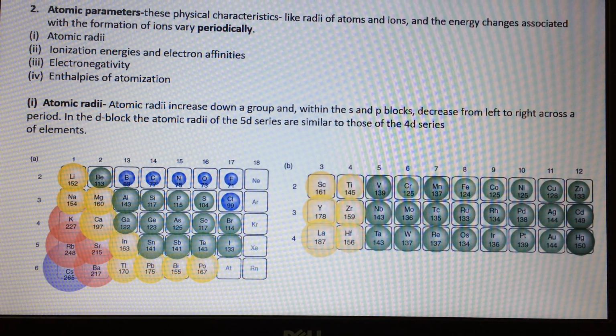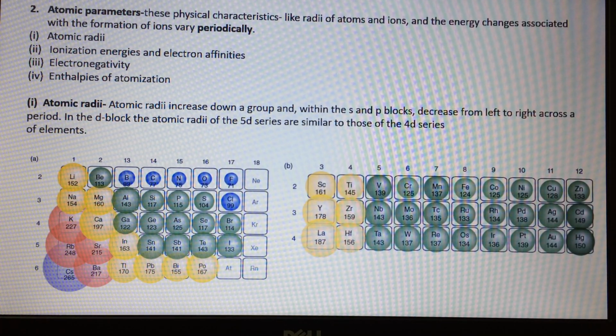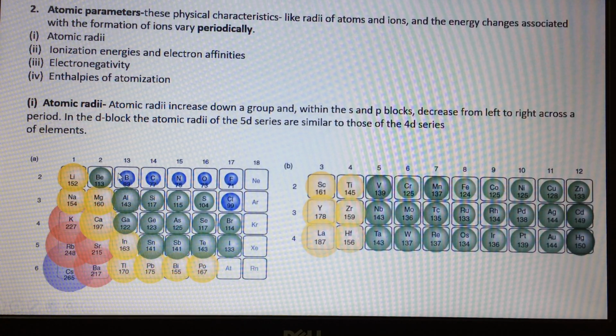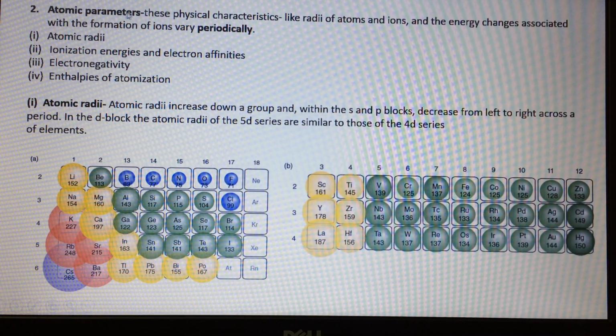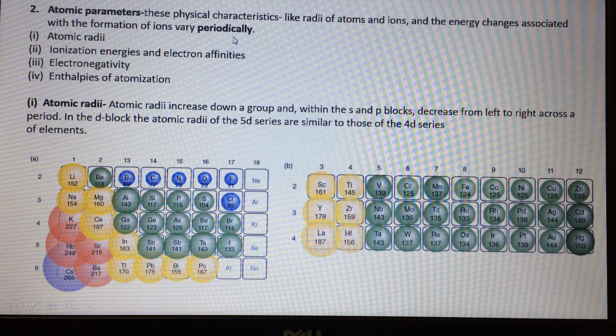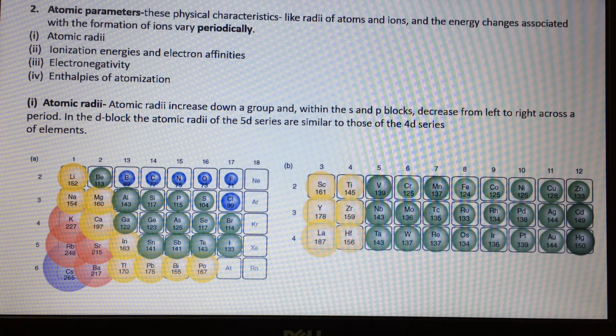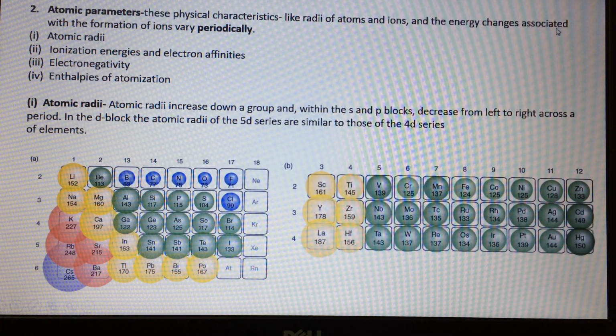So now the properties they have determined on the basis of atomic parameters. In these atomic parameters, they have physical characteristics like atomic radii and ions, and energy changes associated with formation, which vary periodically.